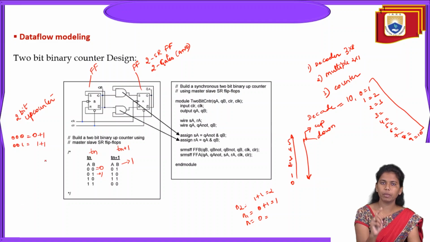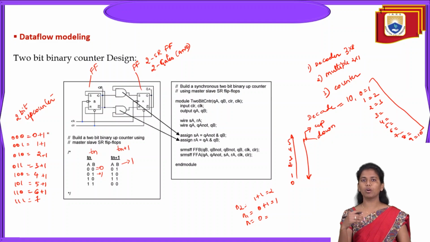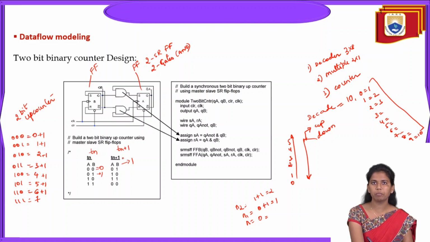Onto this, I am incrementing one more 1: 0 1 0 is 2. Incrementing 1 again: 0 1 1 is 3. Then incrementing 1: 1 0 0 is 4, right? So 4 plus 1 is 1 0 1, 5, and 1 1 0 is 6 and 1 1 1 is 7, right? So it counts from bottom to up with the help of the increment Tn plus 1.